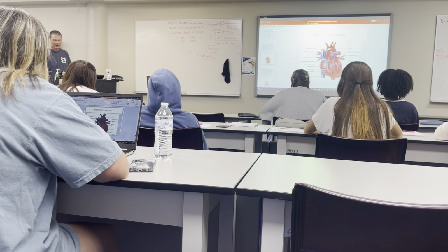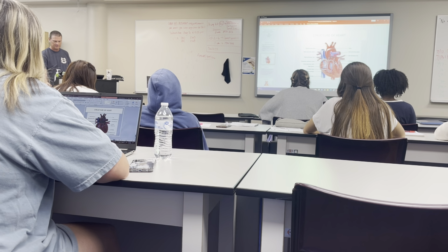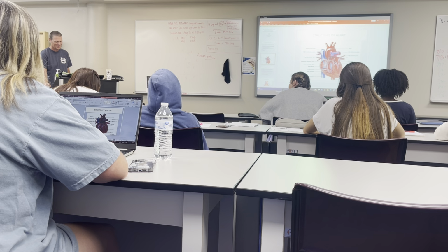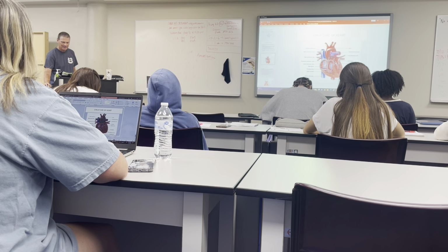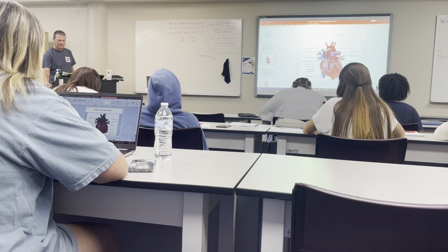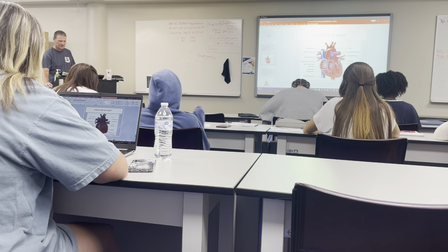Then comes back through our system via the pulmonary vein, back into the left atrium, left ventricle, pumps out through the aorta, and there we go. So again, lots of things going on here.